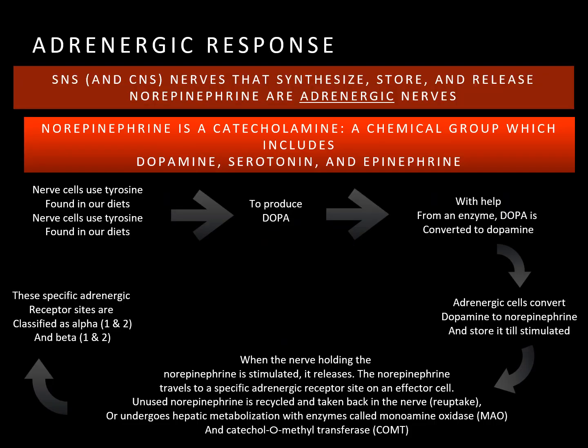When you have an adrenergic response, those nerves are being stimulated by norepinephrine. So that catecholamine, and that's what norepinephrine is, it's a chemical called a catecholamine. The catecholamines include other chemicals: dopamine, serotonin, and epinephrine. Serotonin is a catecholamine you're going to learn more about, but you won't learn more about it in pharm.